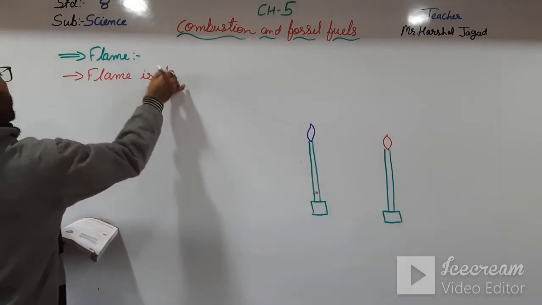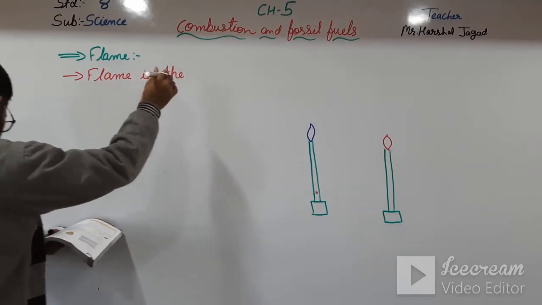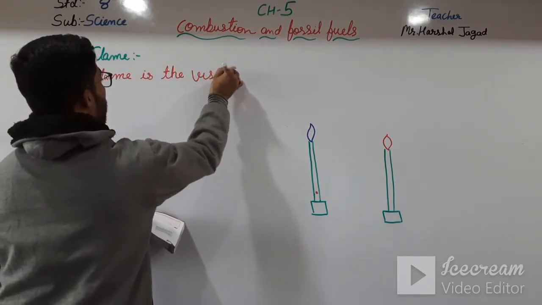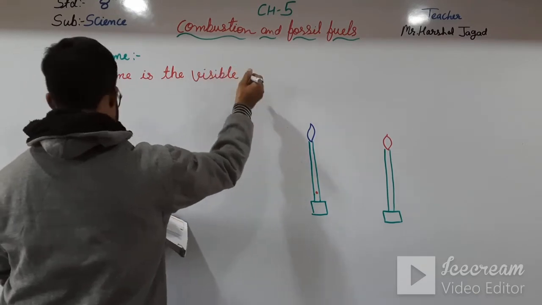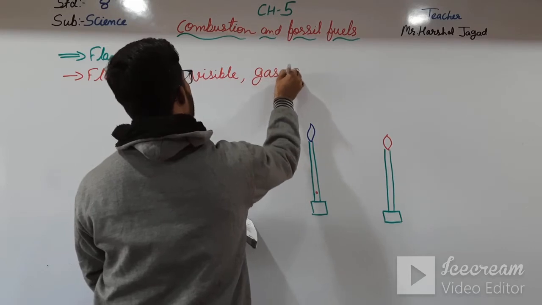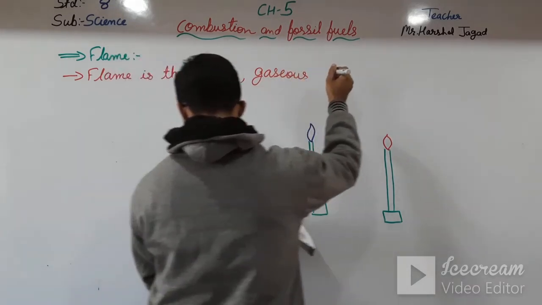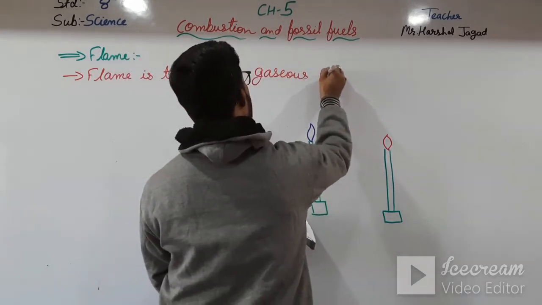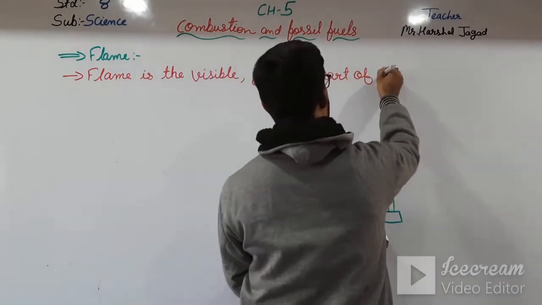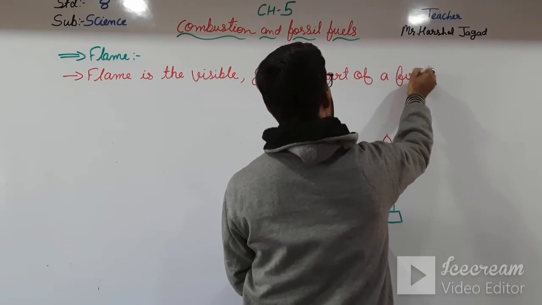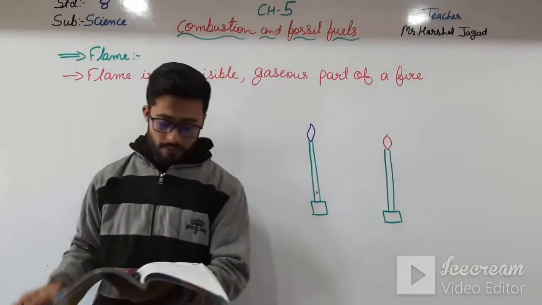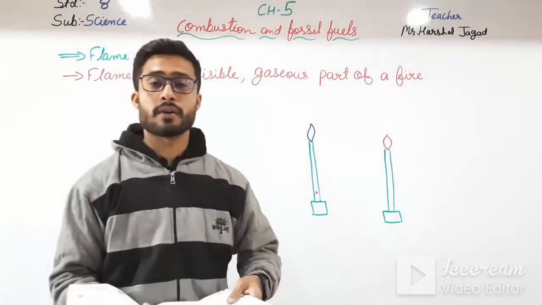Flame is the visible gaseous part of a fire. Okay, flame is the visible gaseous part of the fire.